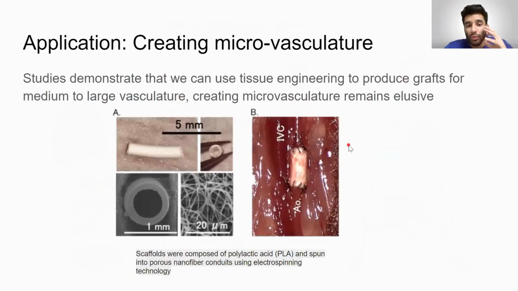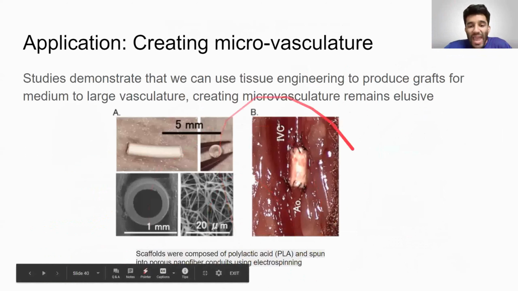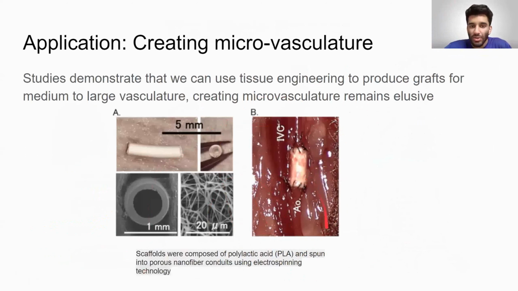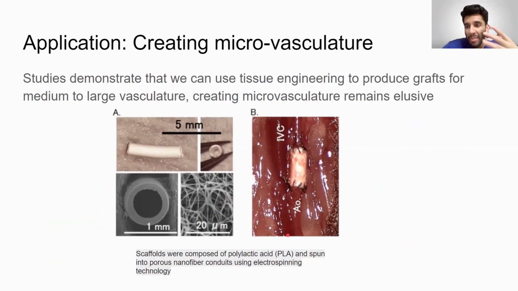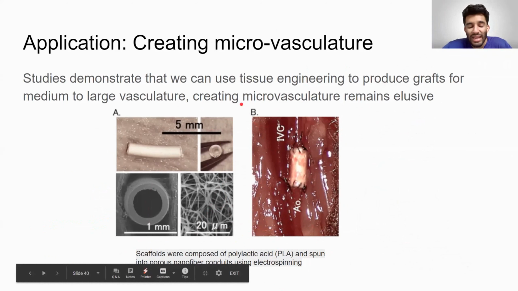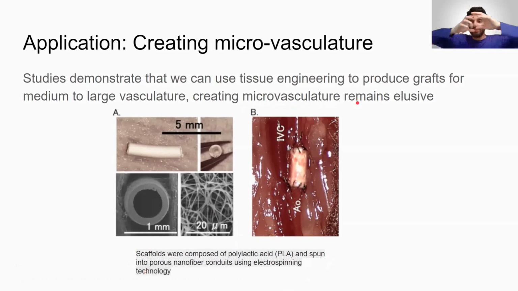So the way we engraft this into organs is that we make scaffolds. There are two ways to do this: we can decellularize actual existing vasculature structures, or we can create our own. We can take polylactic acid, PLA, and make porous nanofibers. They need to be porous so they can absorb and also release blood. We use an electrospinning mechanism to ensure this is a proper scaffold that can be integrated within the organ.